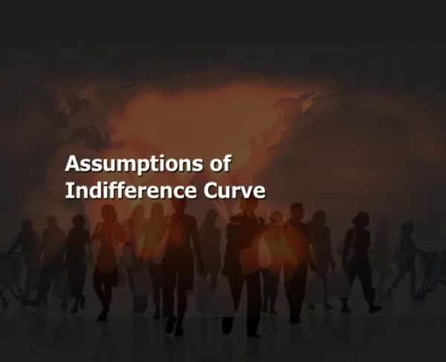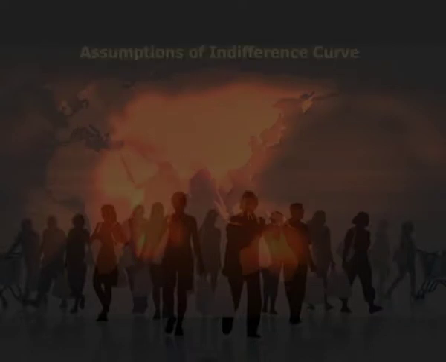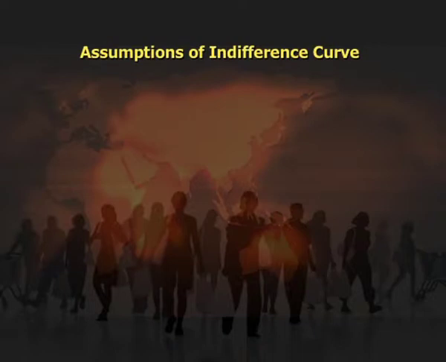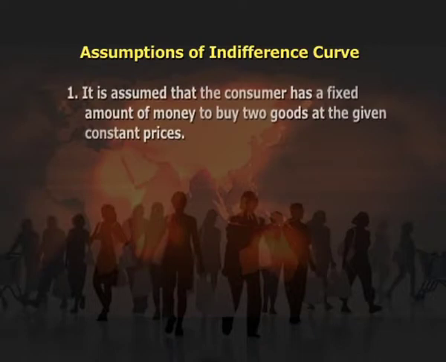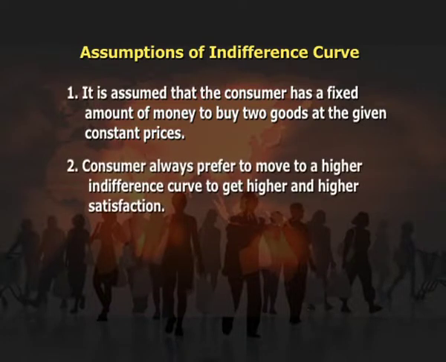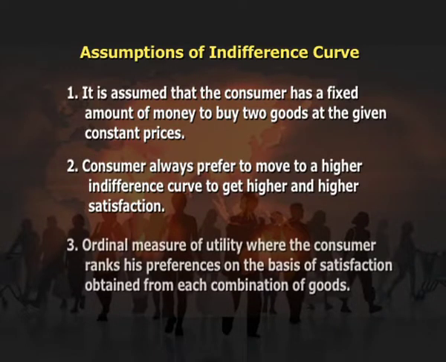Let us discuss certain assumptions of indifference curve. The indifference curve approach is based on these assumptions. First, it is assumed that the consumer has a fixed amount of money to buy two goods at a given constant price. Second, the consumer always prefers to move to a higher indifference curve to get higher and higher satisfaction. Third is ordinal measure of utility, where the consumer ranks his preferences on the basis of satisfaction obtained from each combination of goods.